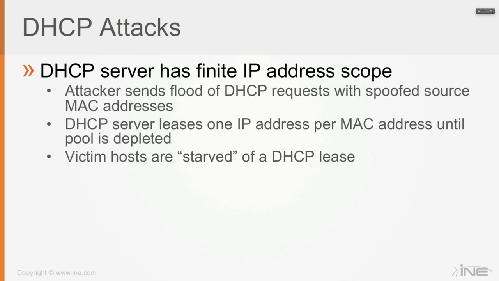One of them is that an attacker on a segment where a DHCP client is going to set a flood of DHCP requests with spoofed source MAC addresses, which means that the DHCP server is going to lease all of its IP addresses to the attacker, because the attacker sends malicious spoofed DHCP requests with spoofed source MAC addresses until it depletes all leases from the DHCP server. That means that once the DHCP server has no more IP addresses to lease, when a valid client shows up, the server has no other addresses to lease to that client.